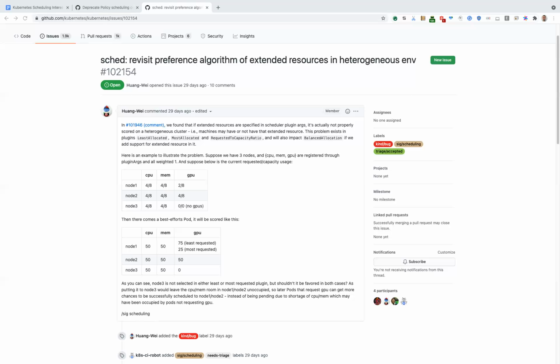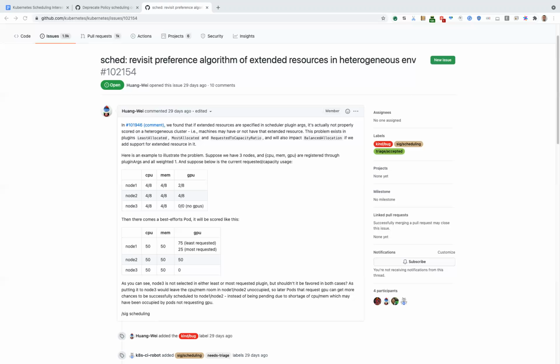How do we normalize this? Yes, so we take into account the percentage of usage. Percentage of usage. Yeah. For example, one node has the percentage for the CPU lower, but the percentage for memory and GPU is higher. Another node is opposite.